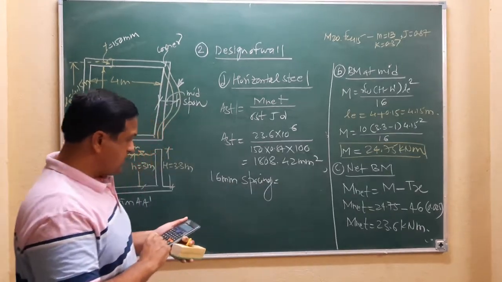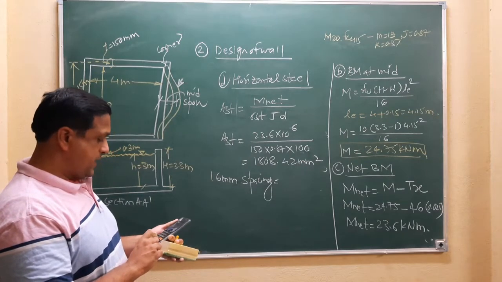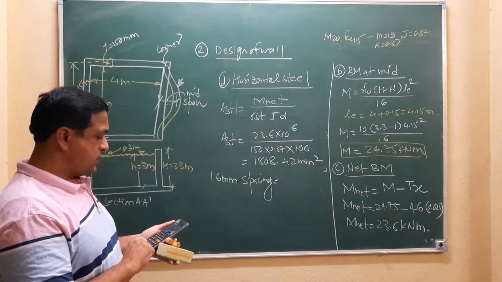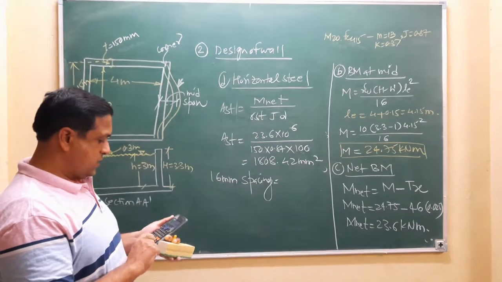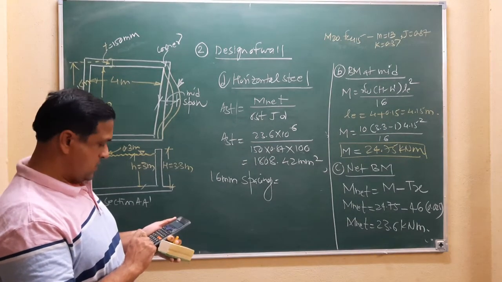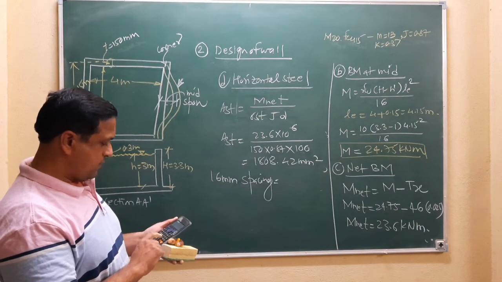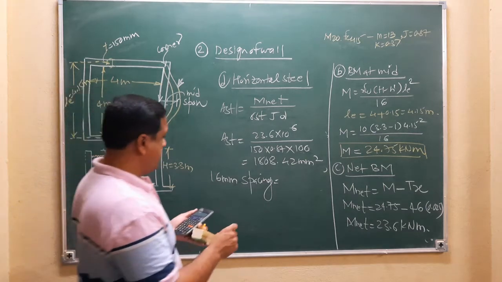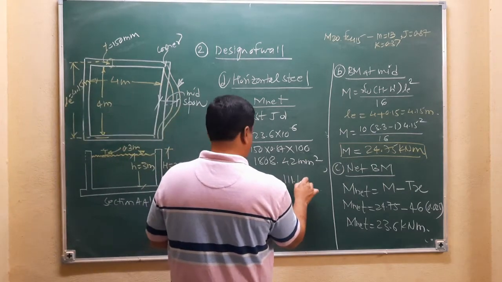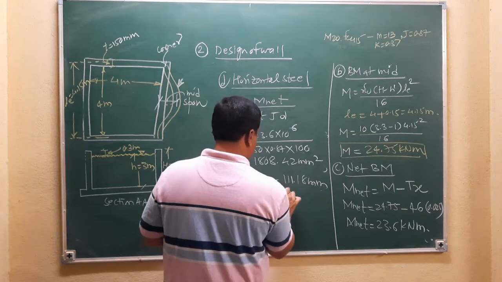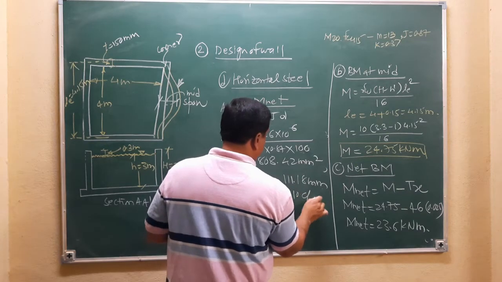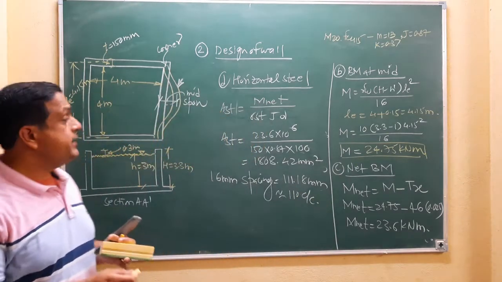So spacing is pi by 4 into 16 into 16 into 1000 divided by 1808.42. This is 111.18 mm. So say as 110 mm center to center.